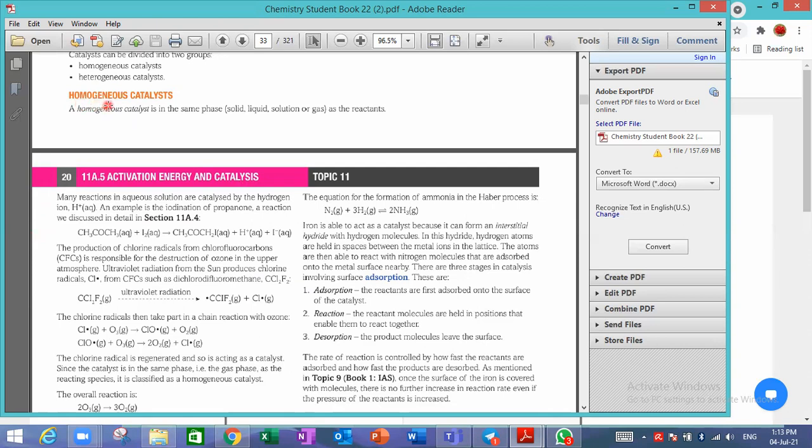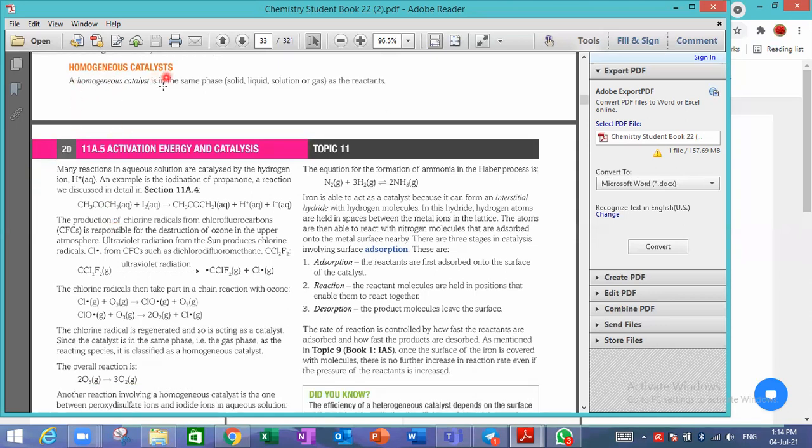If the reactants are solids, then the catalyst is a solid. If the reactants are liquids, then the catalyst will be a liquid. For aqueous solutions, it is an aqueous solution as well. If gas, then it is a gas as well. So here we call it a homogeneous catalyst. It means that it has the same phase as that of the reactants.